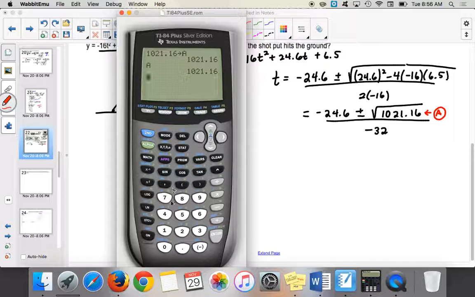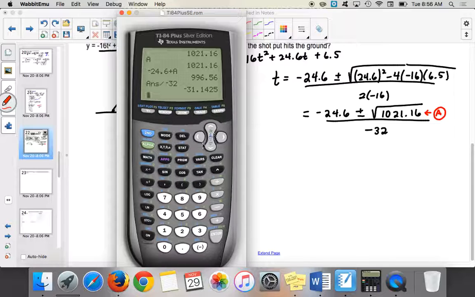All right, so we're going to do negative 24.6, and add it to alpha A, hit enter, and divide by negative 32. So I get negative 31.1425. Do we think that that's the answer? No, it's not going to take negative 31 seconds, right?